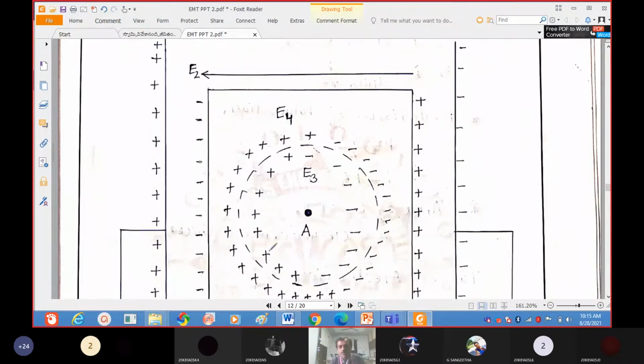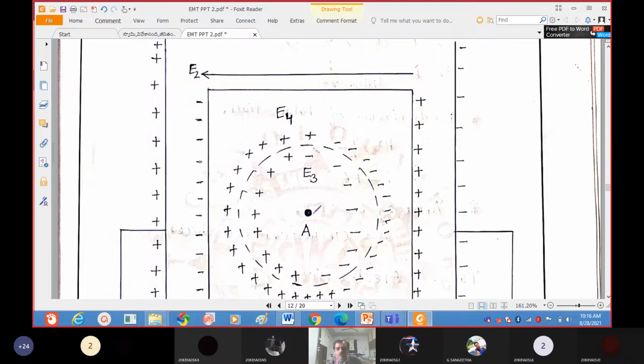Lorentz field means we are taking one material, a dielectric material. In that dielectric material, let us consider a point A at the middle of the dielectric material, or any atom inside the dielectric material. What is the electric field acting on that atom or point?